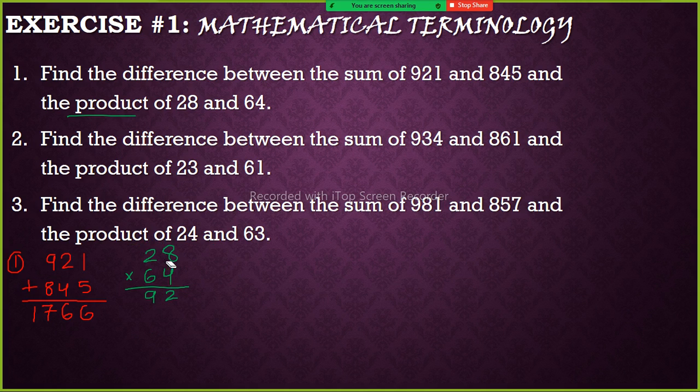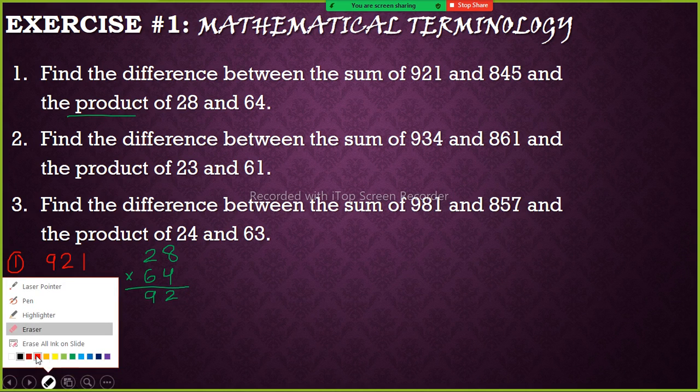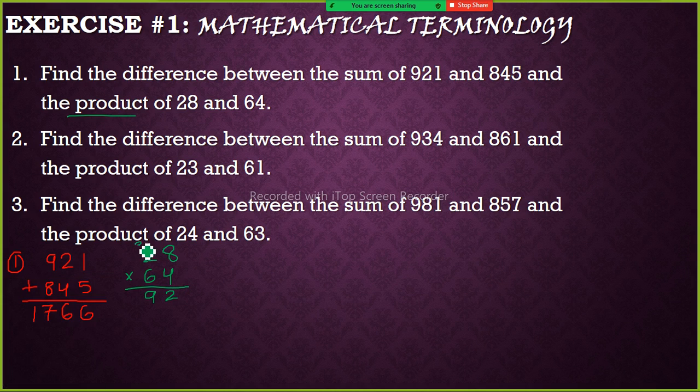Okay, so 4 times 8 is 32. 4 times 2 is 8, plus 3 is 11. 0. 6 times 8 is 48. Put the 8 down, put the 4 above. 6 times 2 is 12. 12 plus 4 is 16.